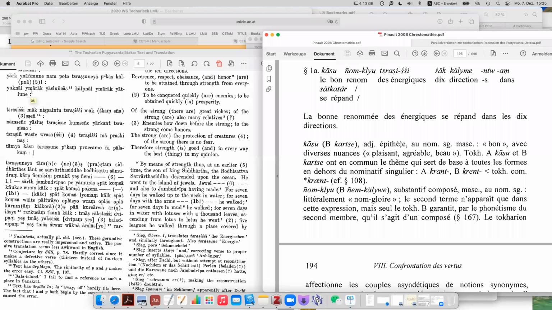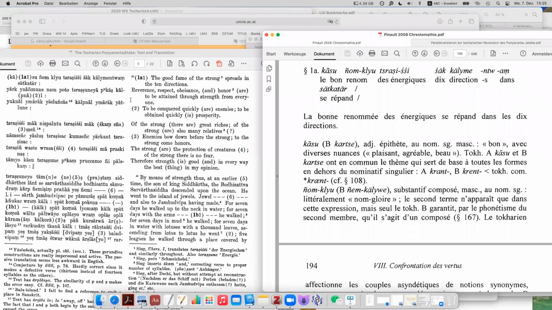So it means that the enemies will be conquered. He will certainly conquer the enemies quickly, and he will obtain. Kripna means obtain. Imadak means quickly. So he will quickly obtain the capability, the ability.